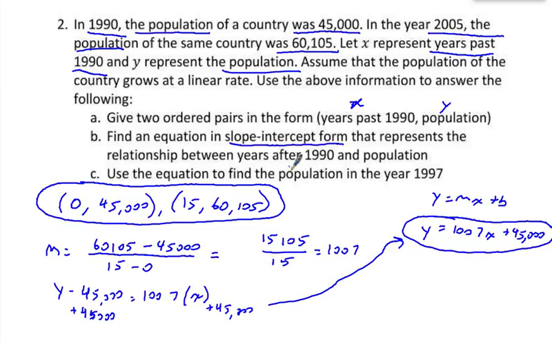Finally, they want the population in the year 1997. I can't substitute 1997 in for x representing time. I have to substitute how many years past 1990 the year 1997 is. That's going to be 7 years. So we substitute 7 in for x.